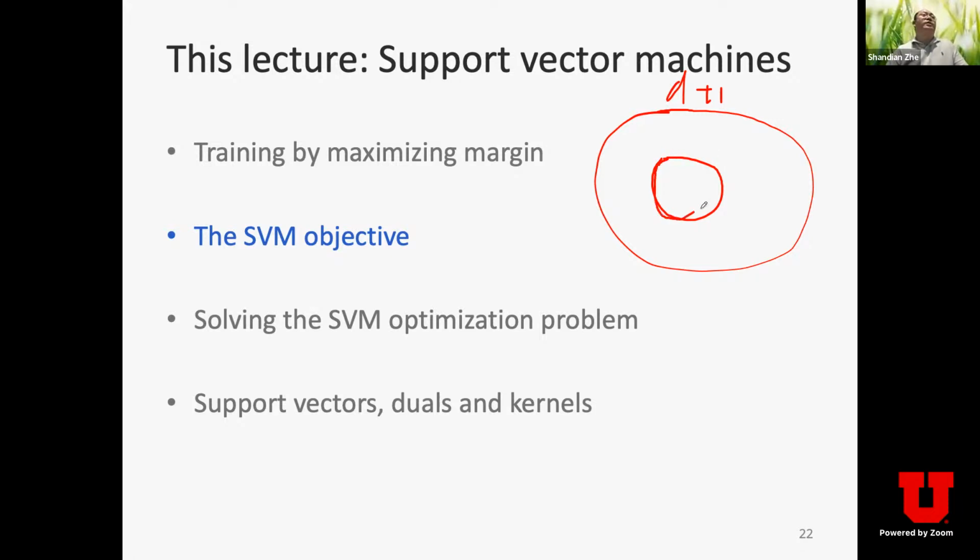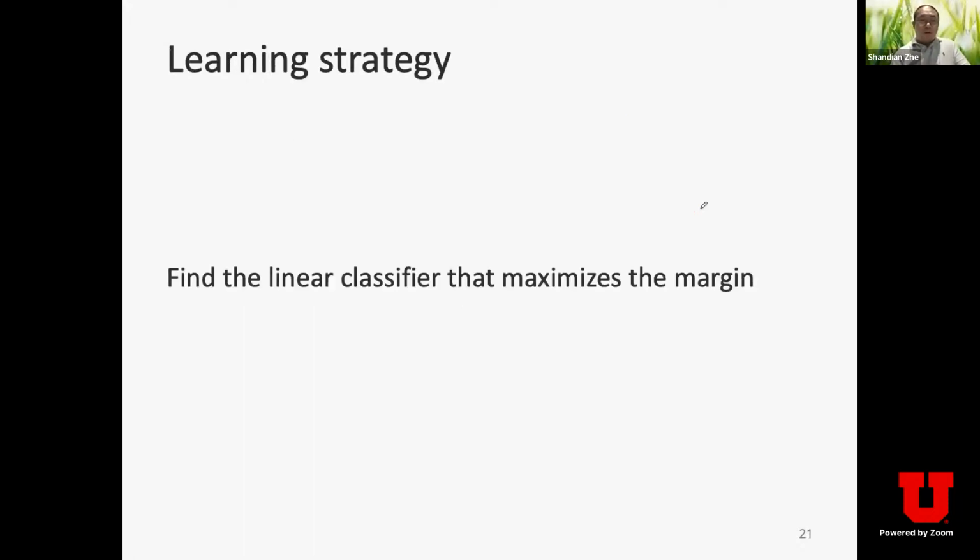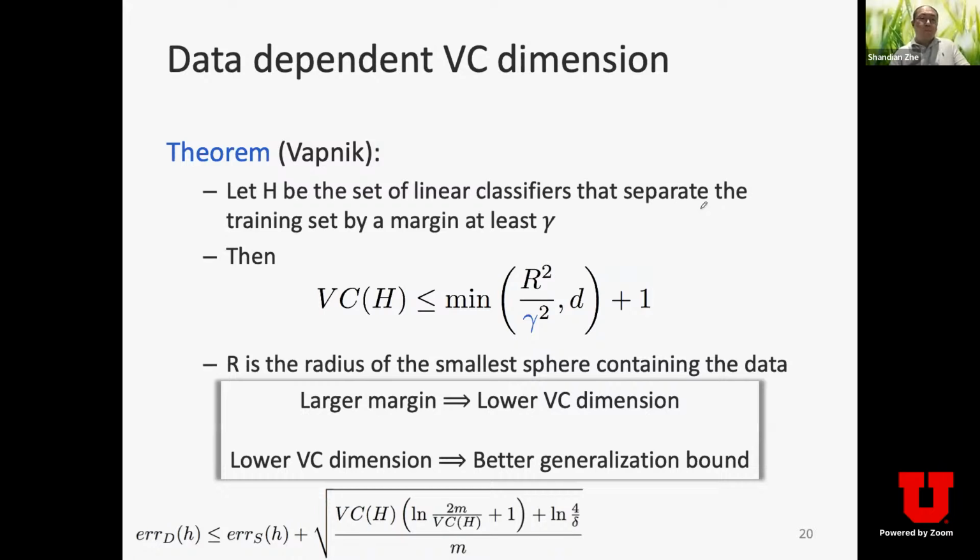So the problem is, how do we define different subsets of linear classifiers? Here we use a very important concept called margin. We can define a data-dependent margin, meaning that we define subsets of linear classifiers whose margin on the training set is at least some gamma. From Vapnik's theorem, the upper bound of the VC dimension of a subset of linear classifiers whose margin is at least gamma is bounded by this expression.